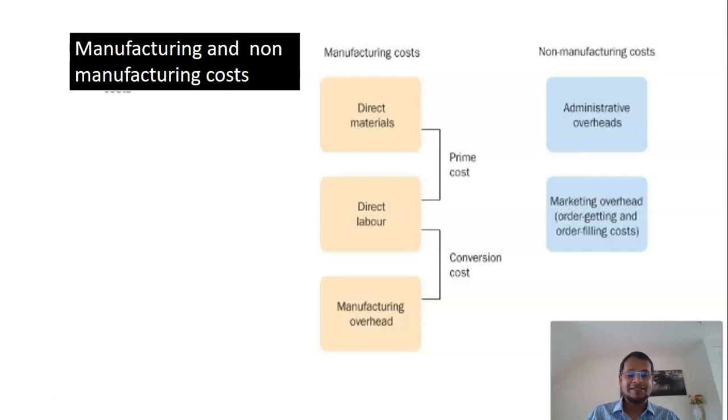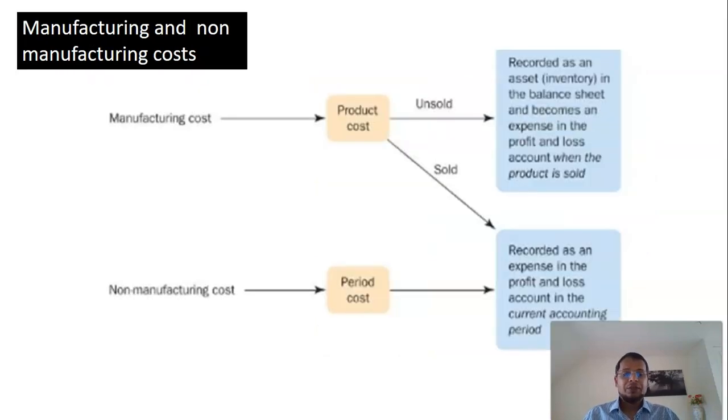But the overheads or indirect expenses are not directly relating to the volume or activity. So the cost can also be divided into two based on, as we said, manufacturing and non-manufacturing.